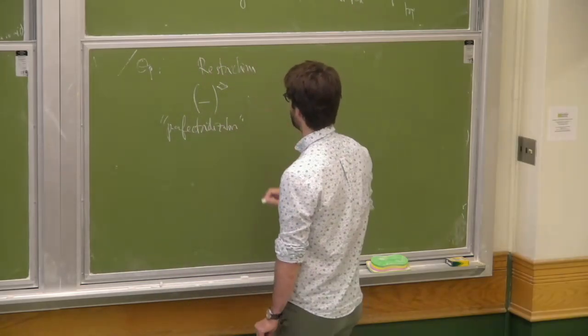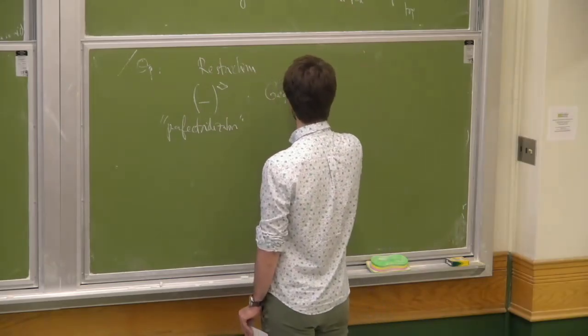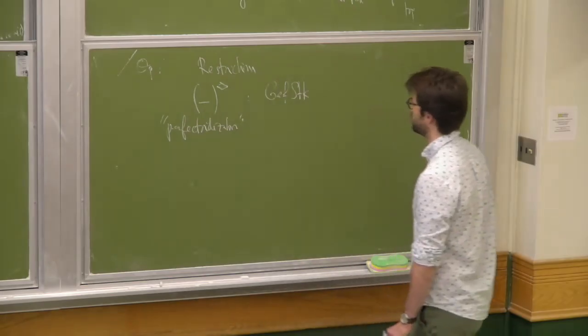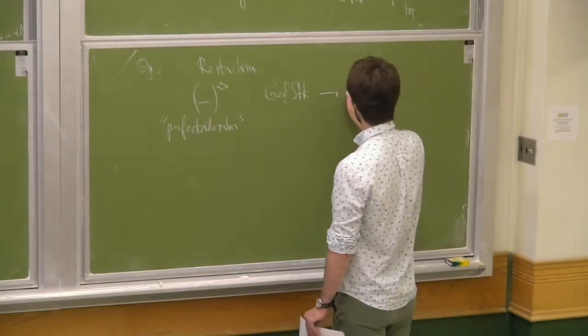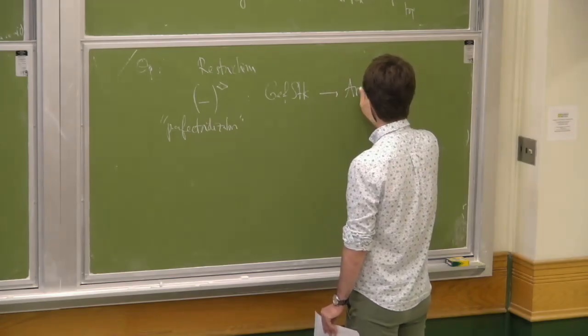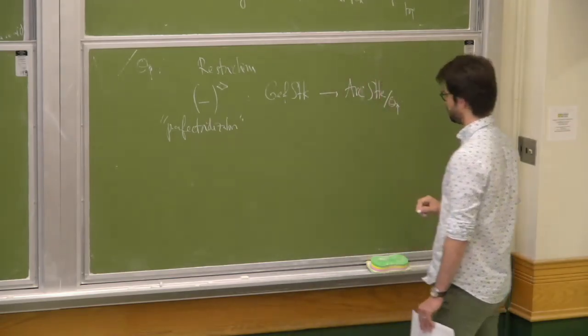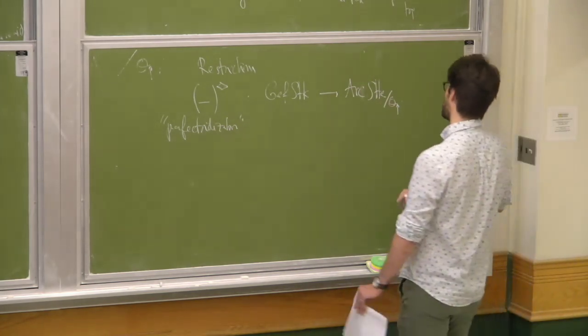And what's the source, what's the target? It's a functor which is defined on Gelfand stacks, taking values in the category of arc stacks over Q_p.